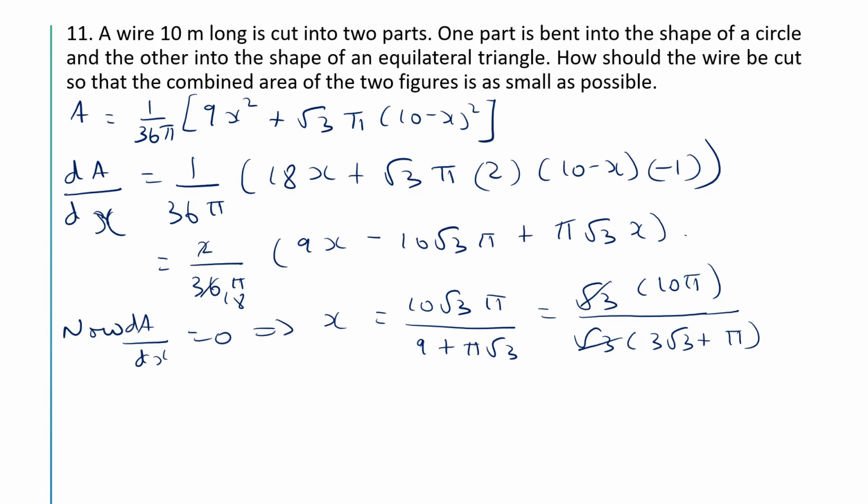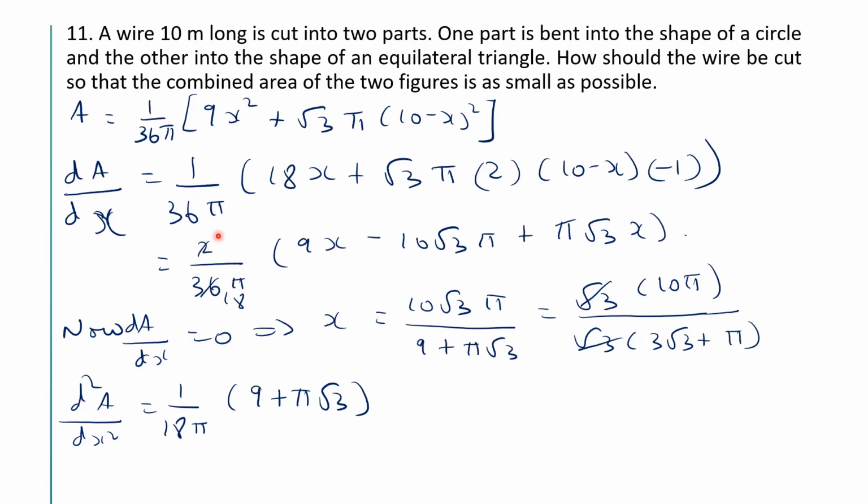Now we can find d square A by dx square. It is equal to 1 by 18 pi into 9 plus pi root 3. So from here we can see that d square A by dx square, we differentiate this with respect to x.